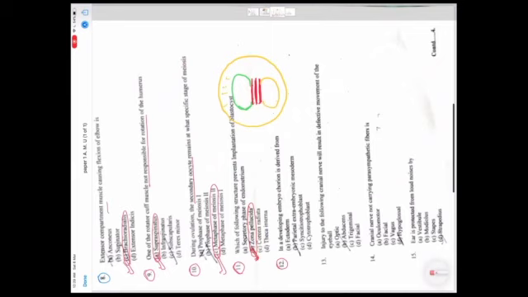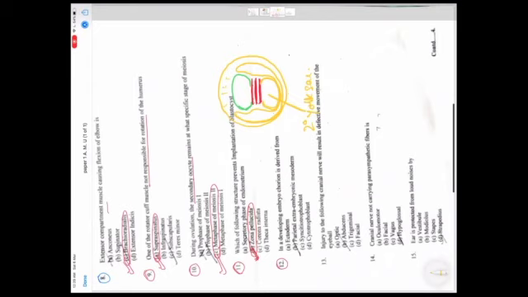It gets split like this, and a coelom is created, a coelomic cavity. After the creation of the coelomic cavity, remember this yolk sac is now called the secondary yolk sac. Earlier it was the primary yolk sac.